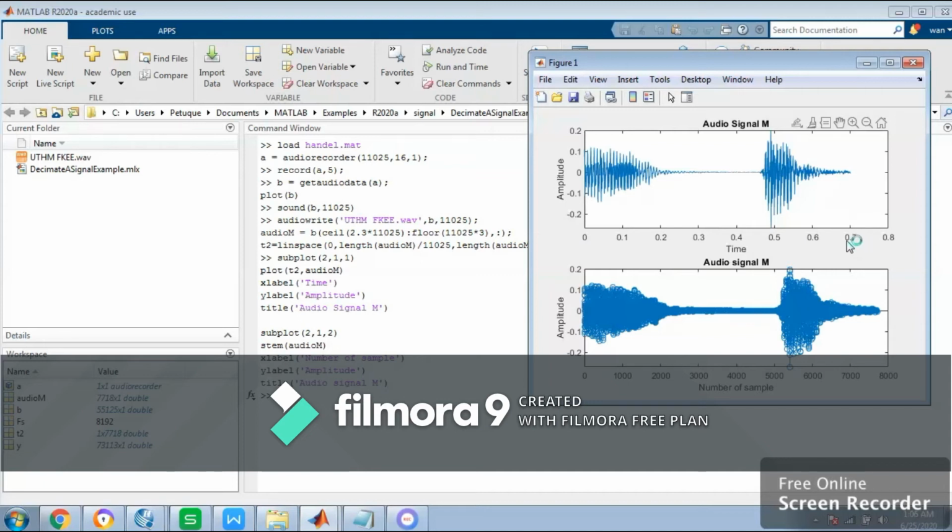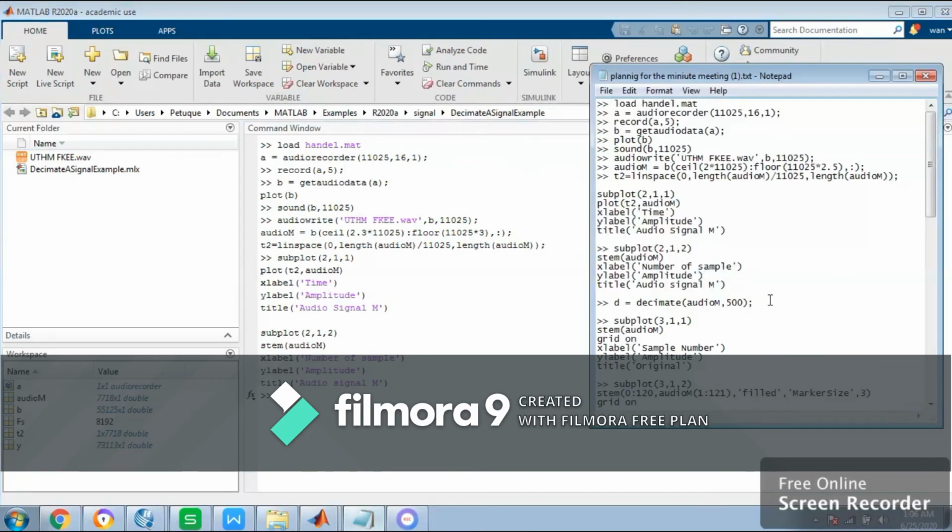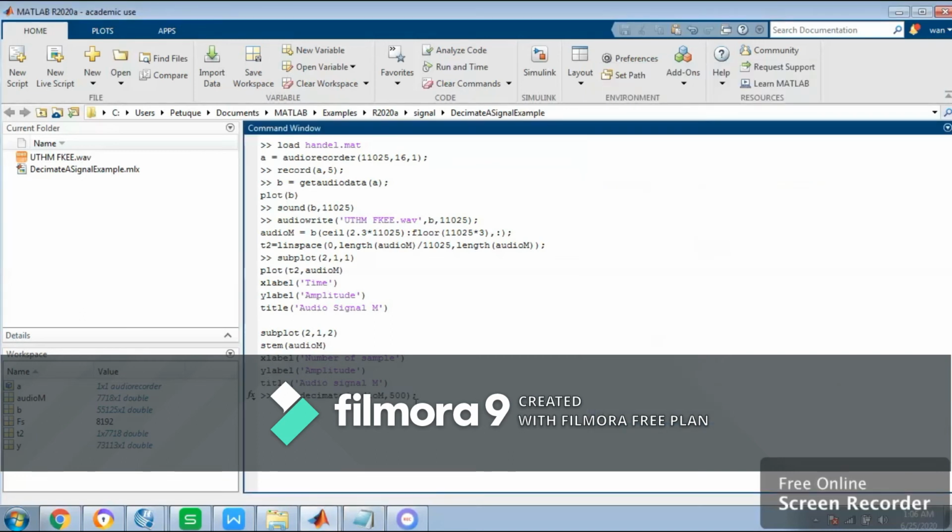This is in terms of the number of samples. Okay, next we are going to decimate the audio M by about 500. Then we are going to plot.